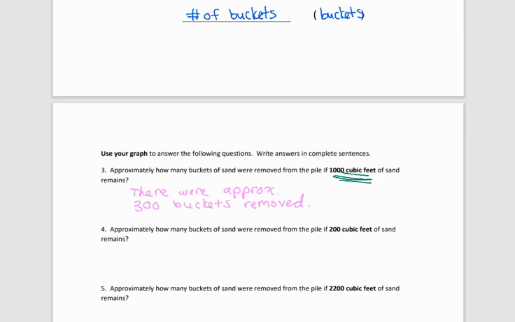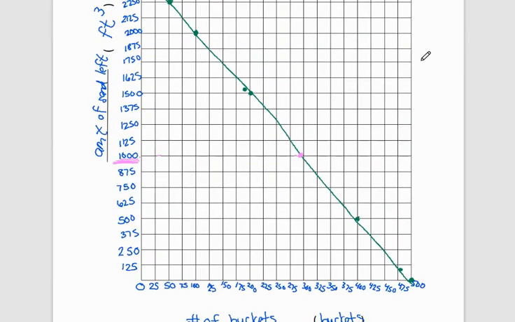Okay. Our next one is again cubic feet. It says 200. On my graph, I'm sticking with the left-hand side. I'm going to go to 200. Well, what's 200 closer to, 250 or 125? Slightly closer to 250, so somewhere right here where I'm putting a little tick mark.